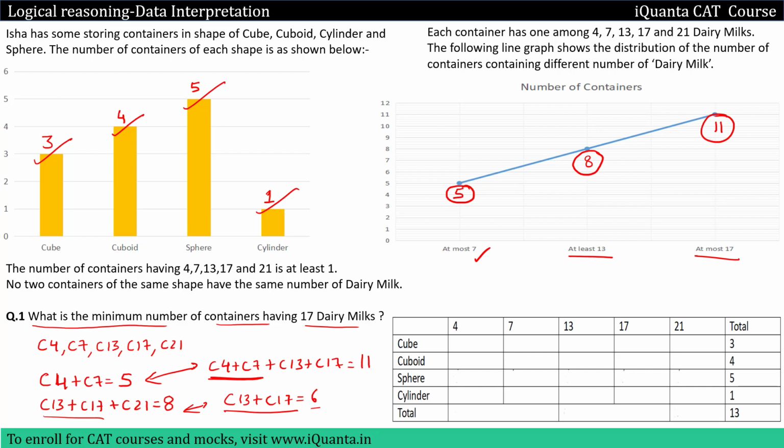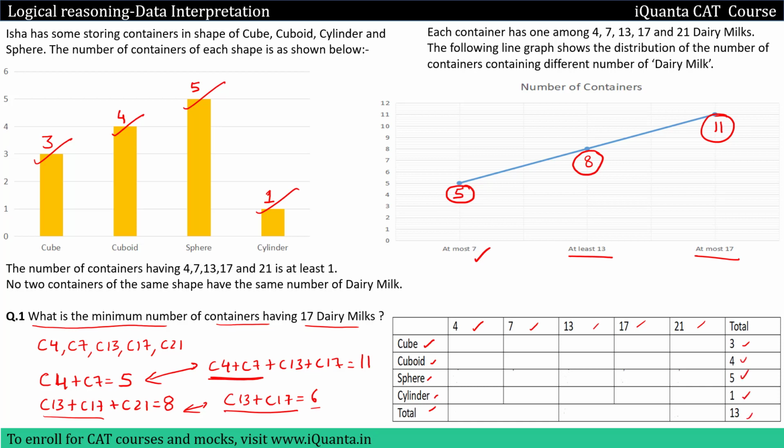So this will be that table. Many of you might not be familiar with how to form this table. So what I've basically done is I've taken all the shapes, then I've taken all possible numbers of chocolates that the containers can have. So 4, 7, 13, 17 and 21. And here I've mentioned the total number of containers. So we had 3 cube containers, 4 cuboids, 5 spheres and 1 cylinder.